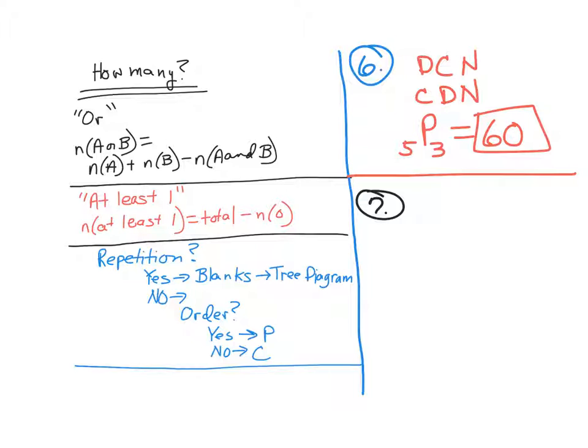No. So then I go to the questions. Is repetition allowed? No. Now, does order matter? No. Okay, let's change the question. Mark out the word ways. Put the word arrangements. And how many different arrangements can they sit?